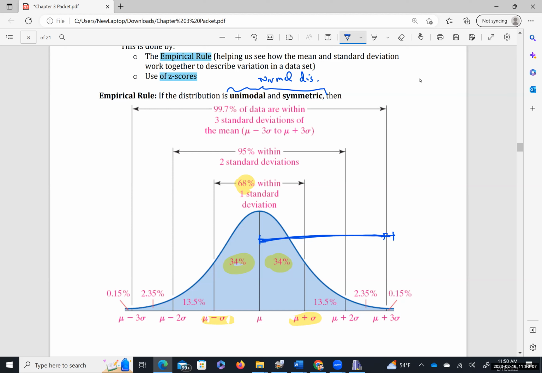So 50% above the mean, and the other half will be below the mean. See that?